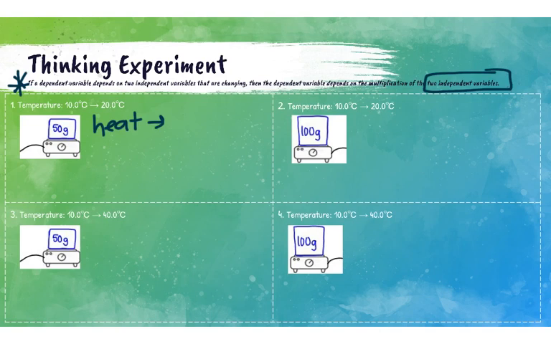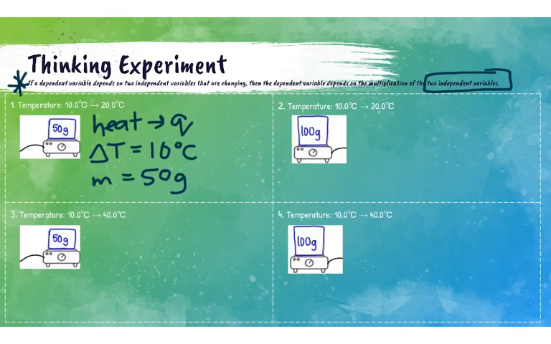We use a lowercase q to represent this when you write it out. Our change in temperature is 10 degrees Celsius. Again, we need this amount of heat to raise that mass of 50 grams by 10 degrees Celsius.